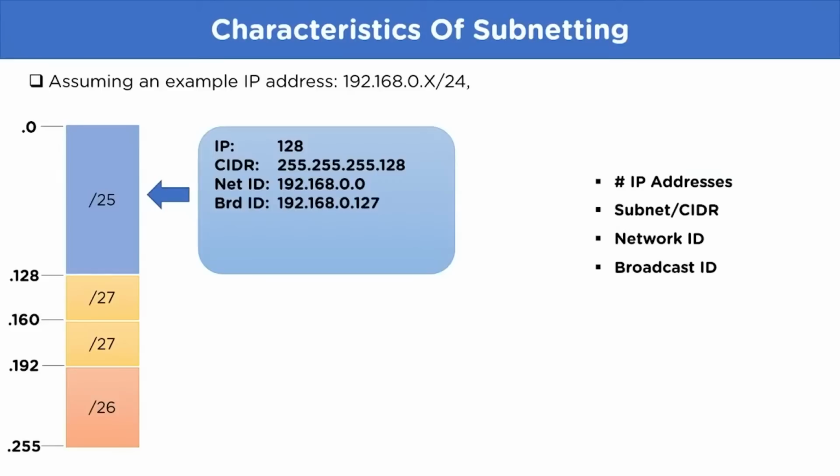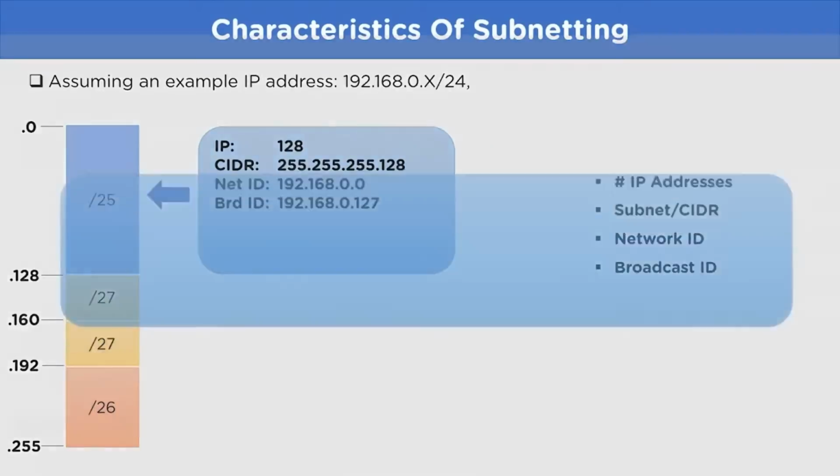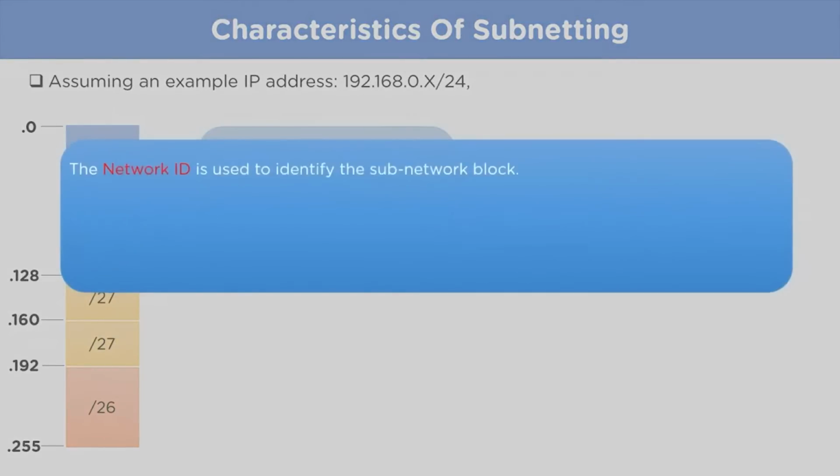192.168.0.127. Moving on, the network ID and the broadcast ID addresses cannot be assigned to any network device in the network, because the network ID is used to identify the subnetwork block in a network, along with the broadcast ID, which is used to communicate with any of the hosts connected to the subnetwork block.